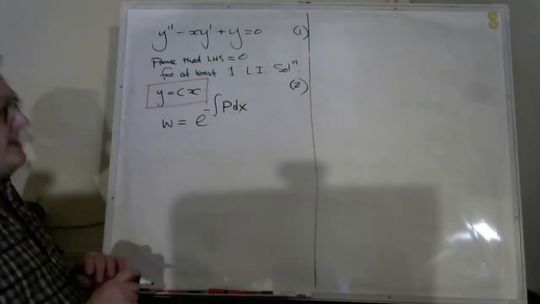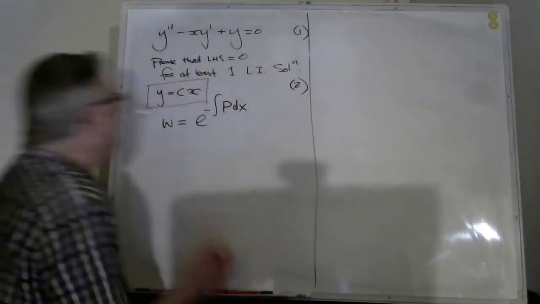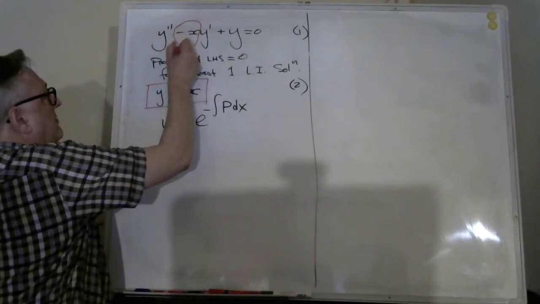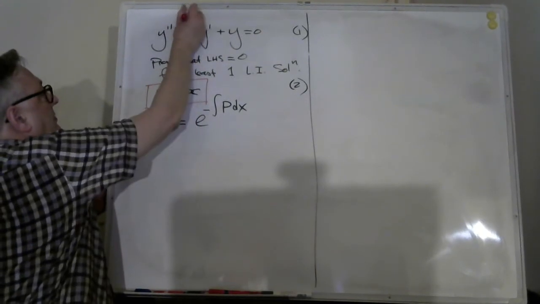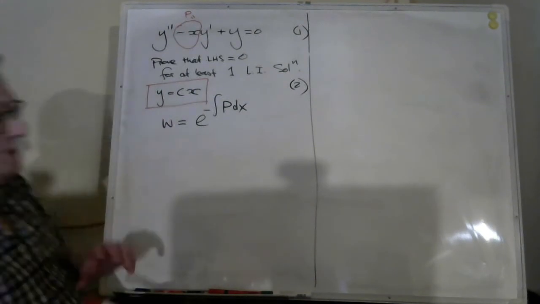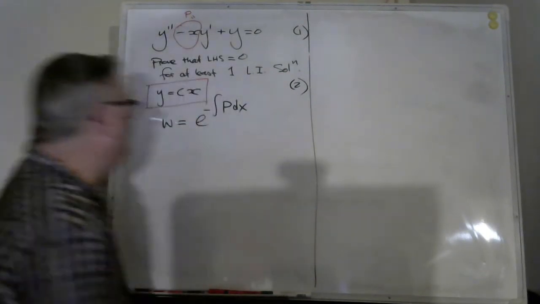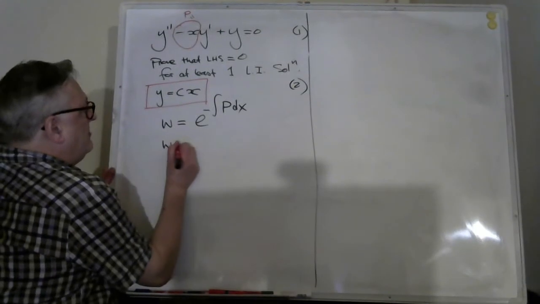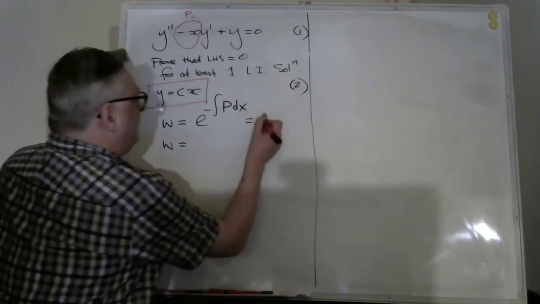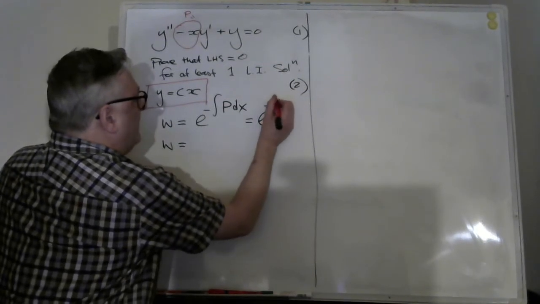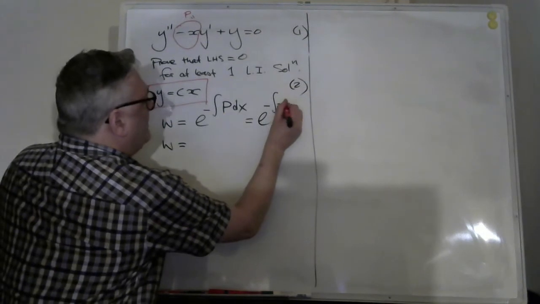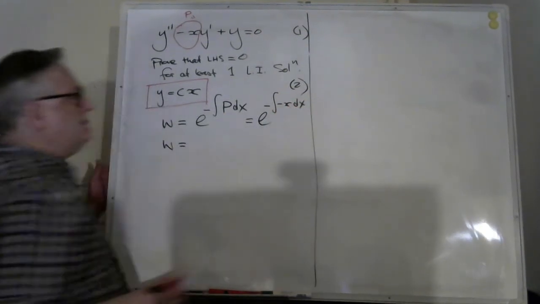But what is p? Well, it's quite simple in this case, because p is equal to minus x. So we quite simply substitute, I'll write it up here to conserve a bit of space: e to the minus times the integral of minus x dx.